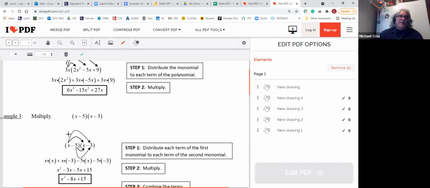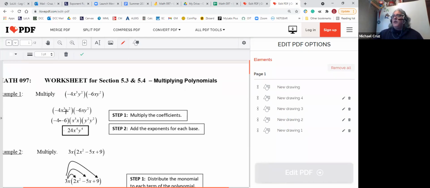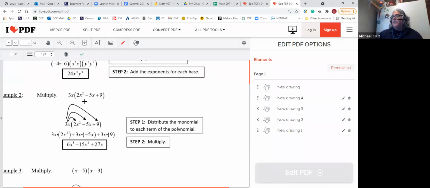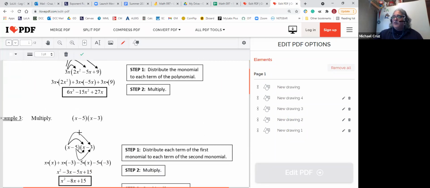Now this is slightly different. No matter what you're multiplying, you got to make sure that you multiply every term here times every term over here, but it's pretty easy because there's only one term. On this one, you got to make sure you multiply the 3x times all three. That's why there's three multiplications. With this one, you got to make sure these two multiply these two. It doesn't matter on the order, but oftentimes people use what's called the FOIL.